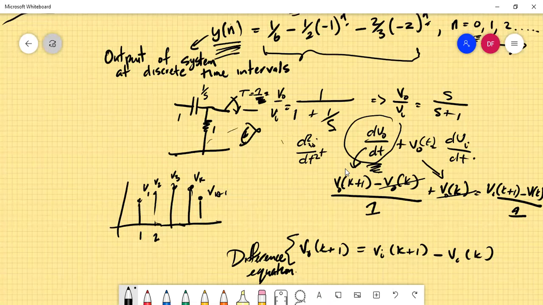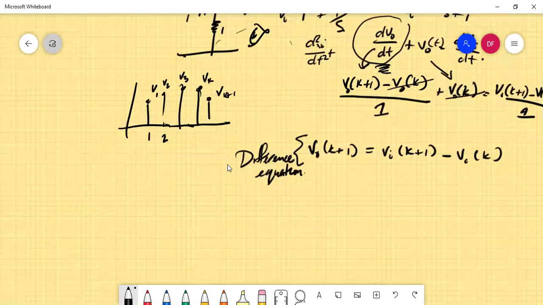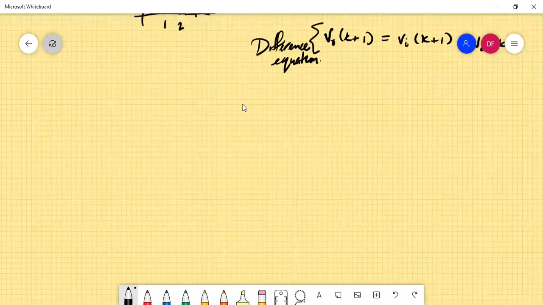All right, so the reason I want to talk a little bit about the bilinear transform is that it has to do with what we're talking about here.